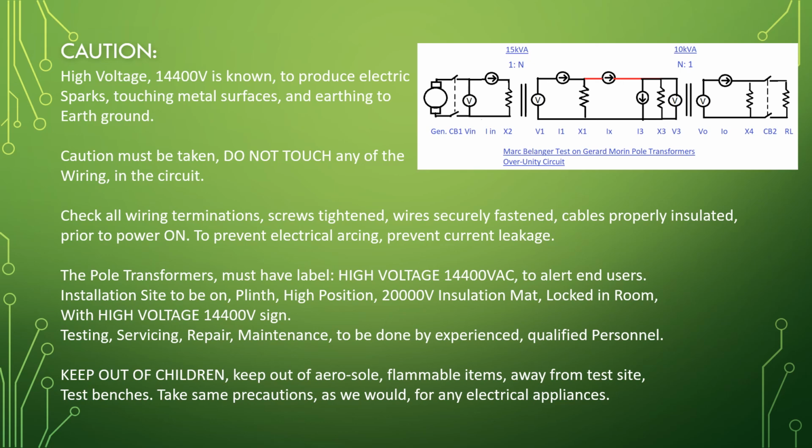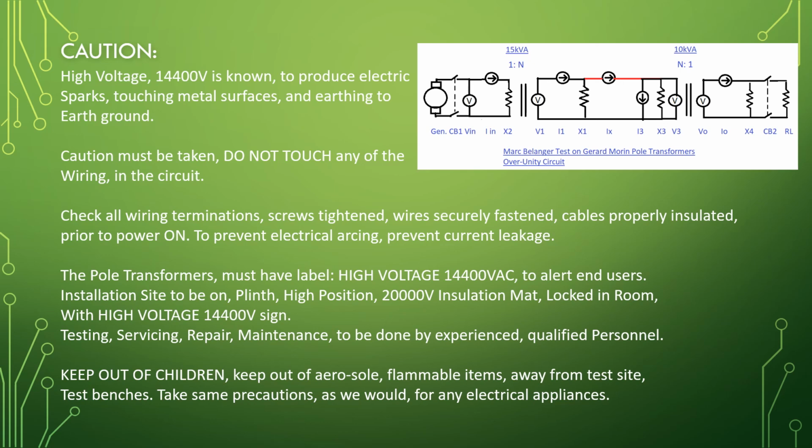Caution must be taken. Do not touch any of the wiring in the circuit. Check all wiring terminations. Screws tightened. Wires securely fastened. Cables properly insulated prior to power on, to prevent electrical arcing and current leakage.